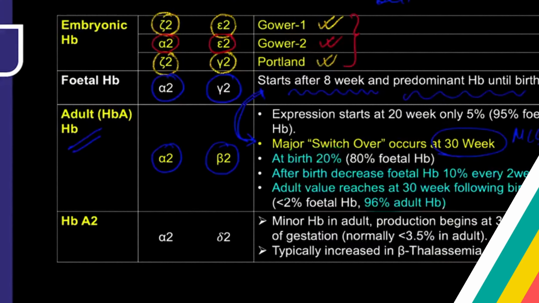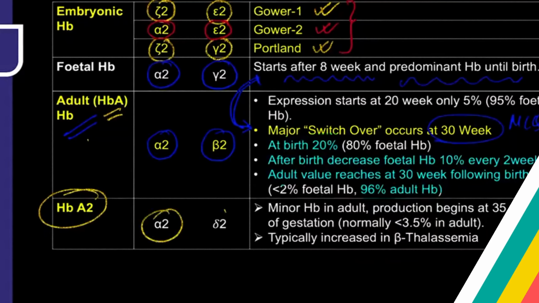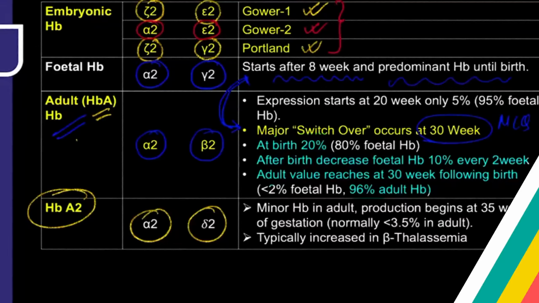Now, apart from that, one minor adult hemoglobin is also normally present in our blood, known as hemoglobin A2. Adult hemoglobin is written as hemoglobin A, and whenever I say A2, that is a minor form of adult hemoglobin. Here, 2 alpha chains combine with 2 delta chains, the minor chain, forming minor adult hemoglobin.